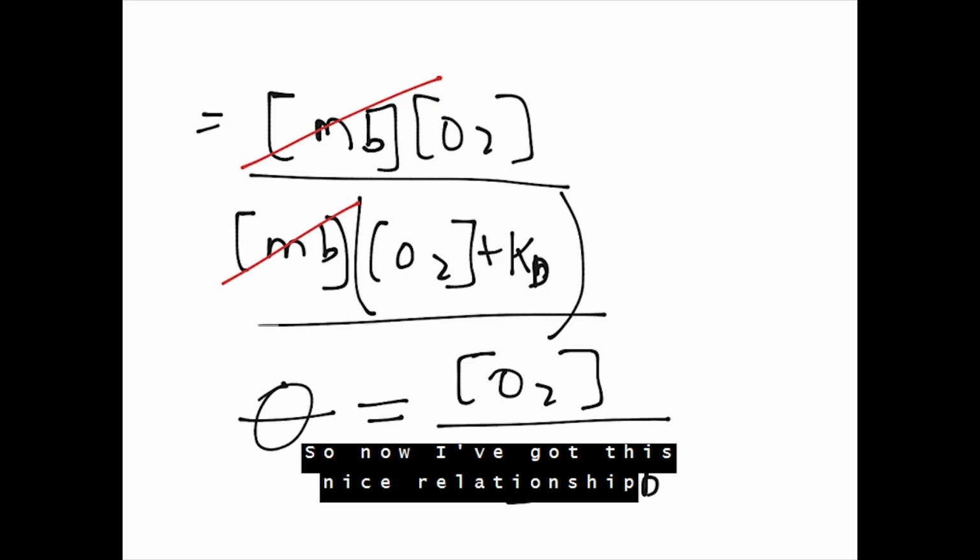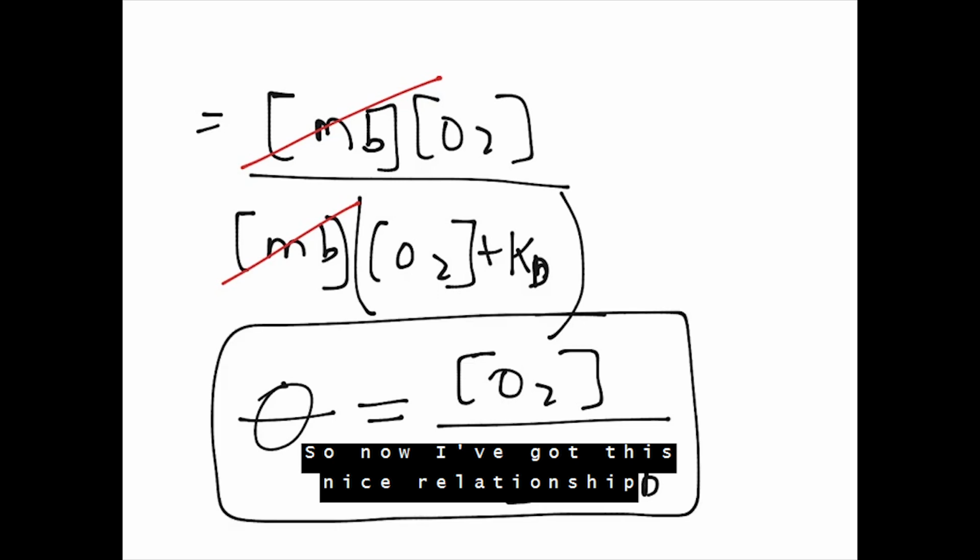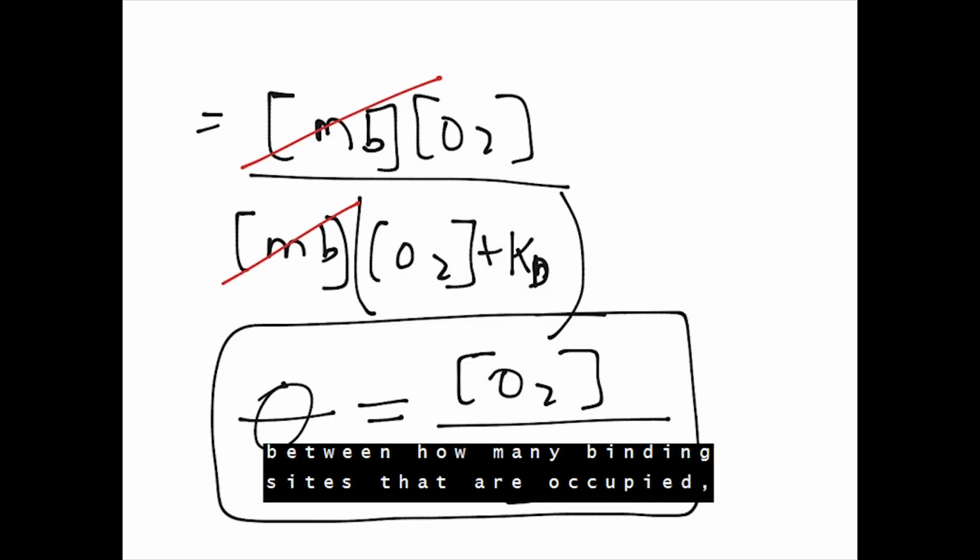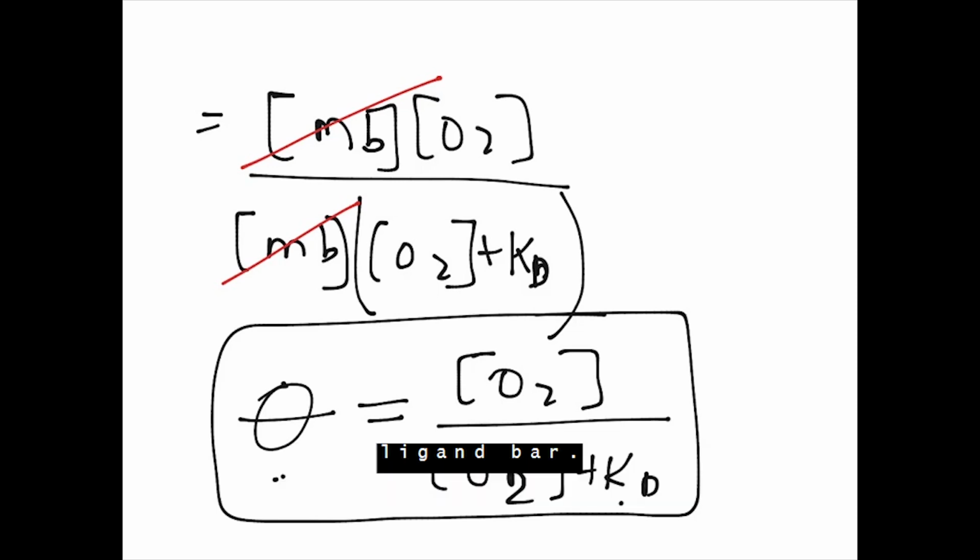So now I've got this nice relationship between how many binding sites are occupied, this fractional saturation, and the equilibrium constant that talks about how tightly associated the protein and its ligand are.